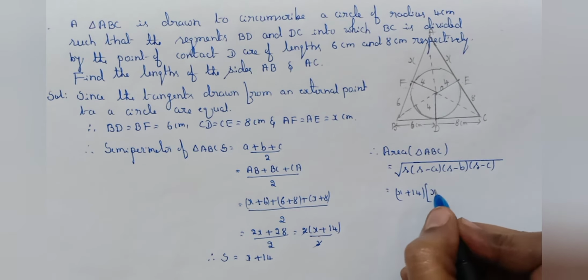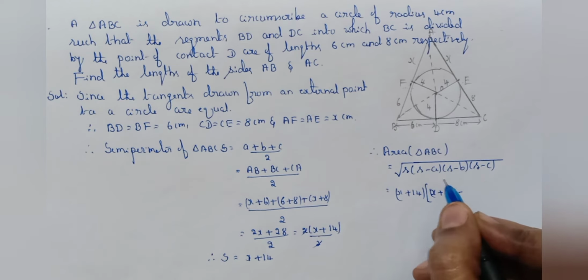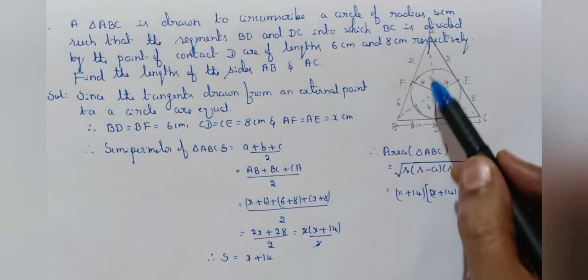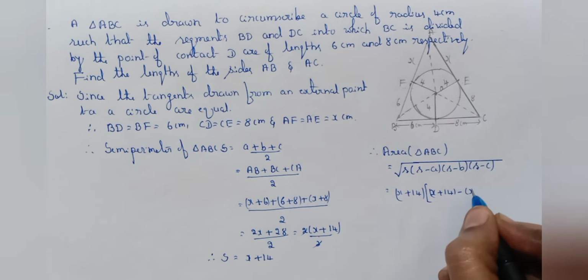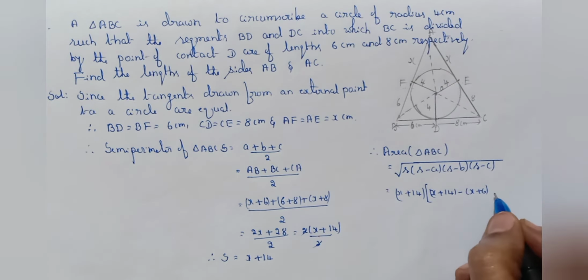Again, S is x plus 14 minus a. a is the length of AB. AB is x plus 6. x plus 6 into S again.